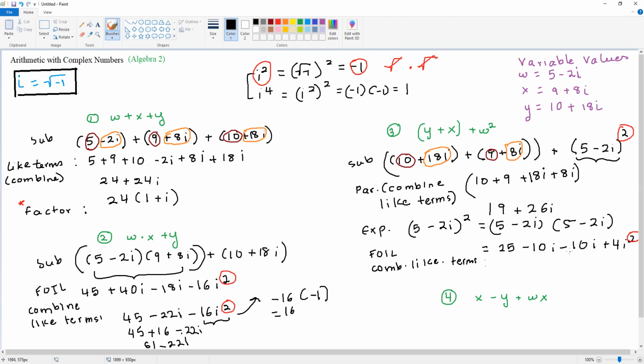So this is going to be 25 minus 20i, and then plus 4 times -1, because we established that i squared is equal to negative 1, which is also equal to 25 minus 4 minus 20i, which is equal to, sorry, just trying to make some more space.